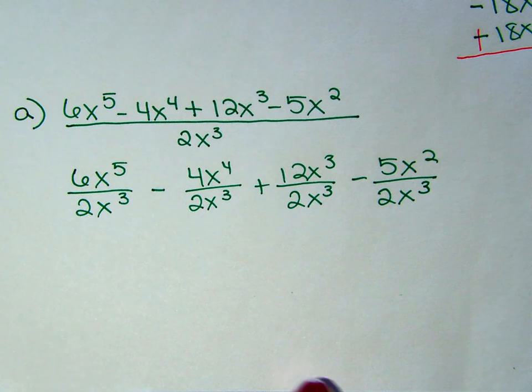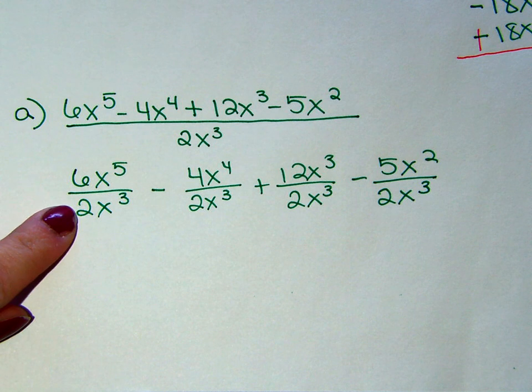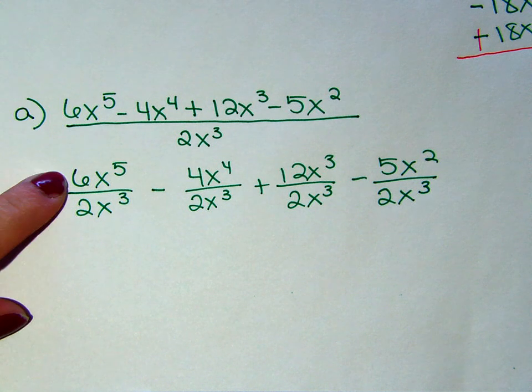I liked having this one as an extra problem because it doesn't simplify out as nicely as the ones that we did earlier. This one gets a little bit grosser, if you would. So here with 6x to the 5th over 2x to the 3rd, 6 divided by 2 leaves me with 3.